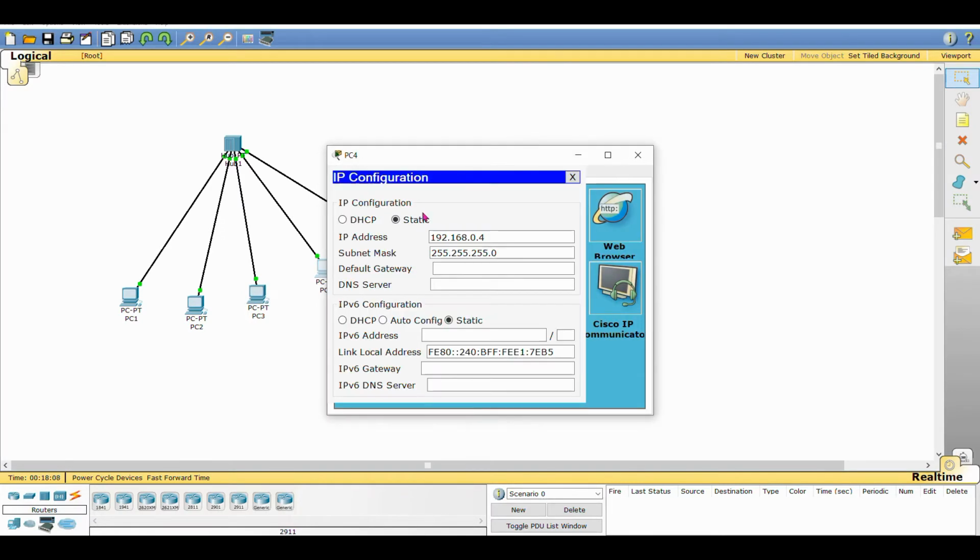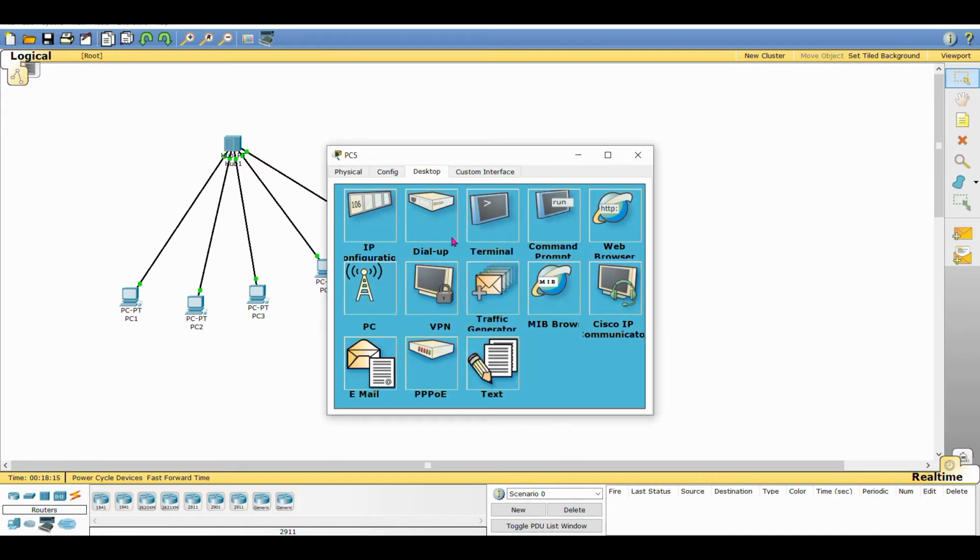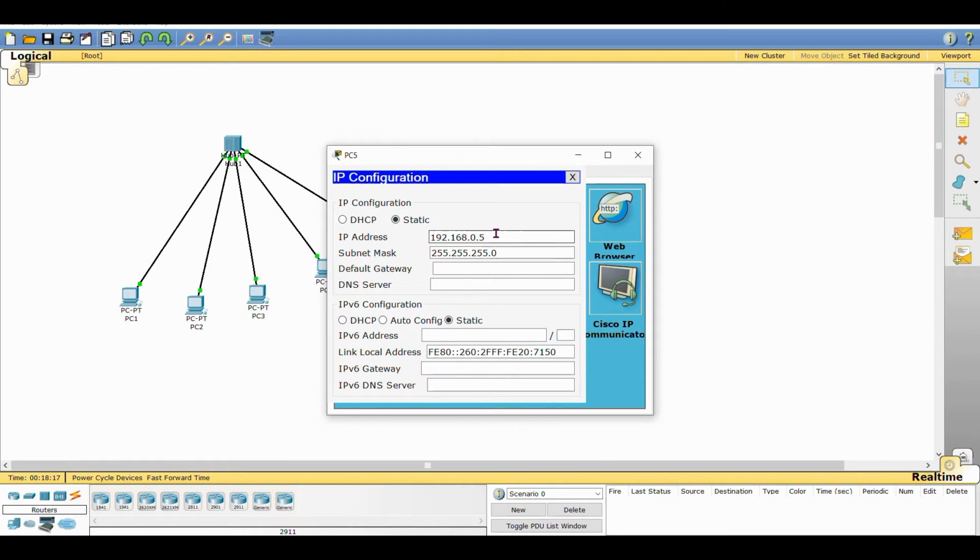For PC4, the IP address is the same and we change it to 4. And lastly PC5, the IP address is the same and we change it to 5.